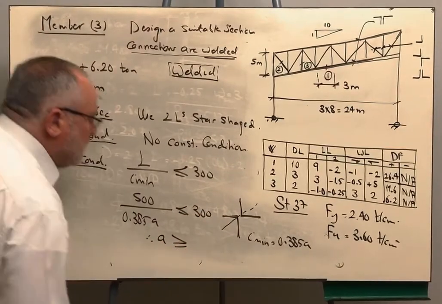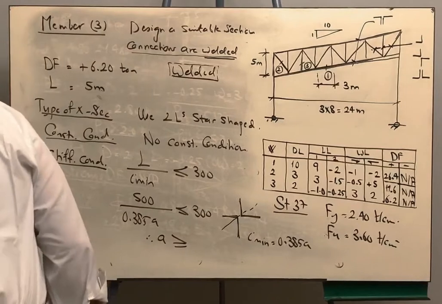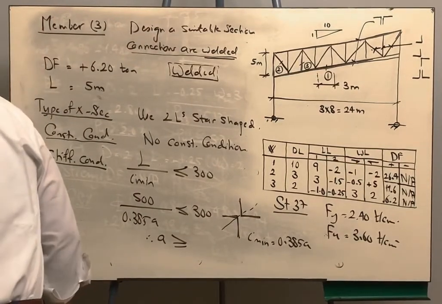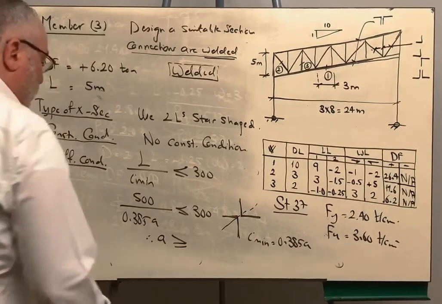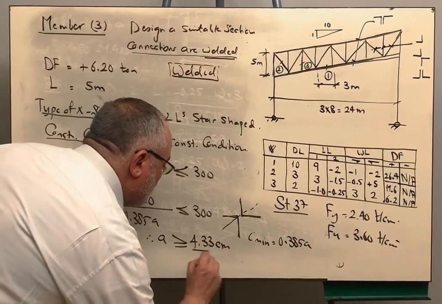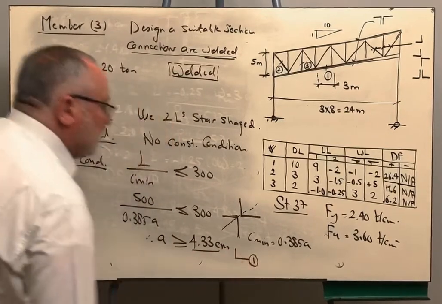Therefore, A should be bigger or equal to 4.33 centimeter, and this is condition number 1.